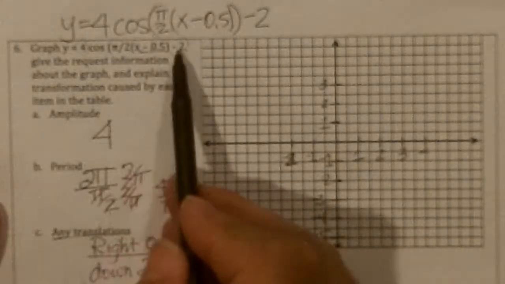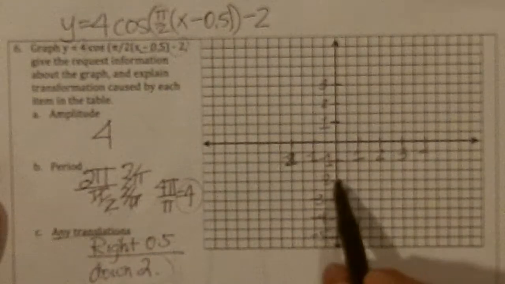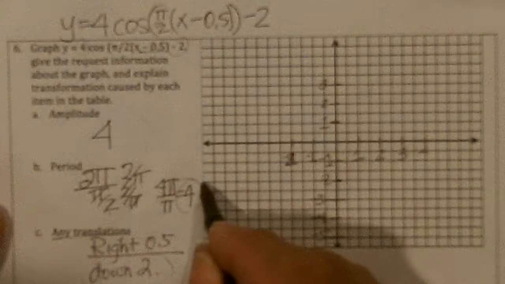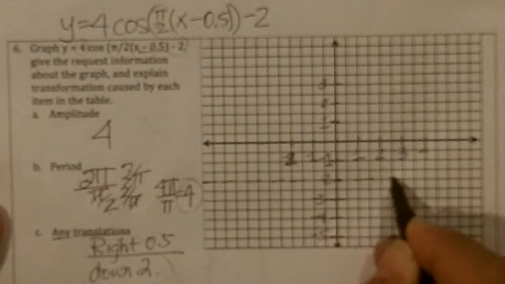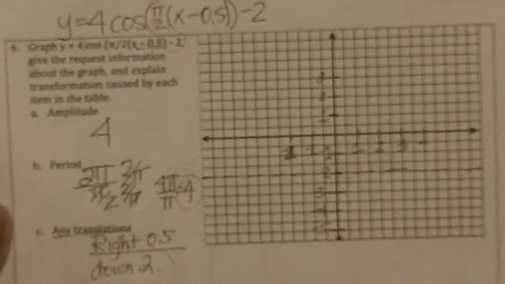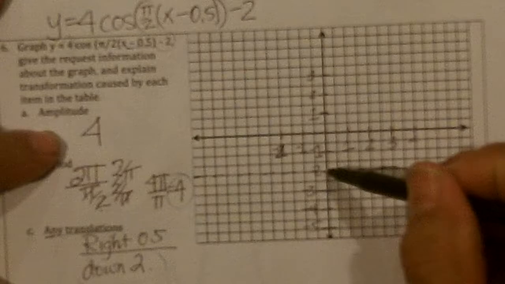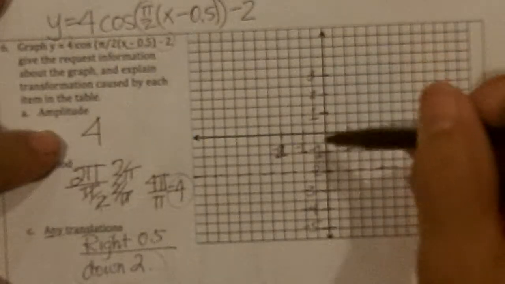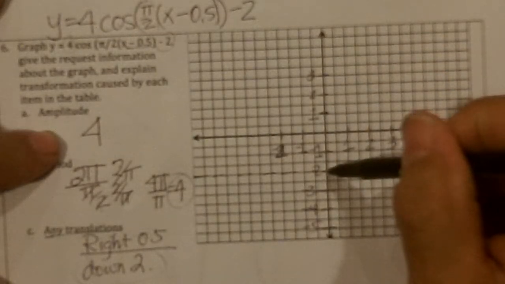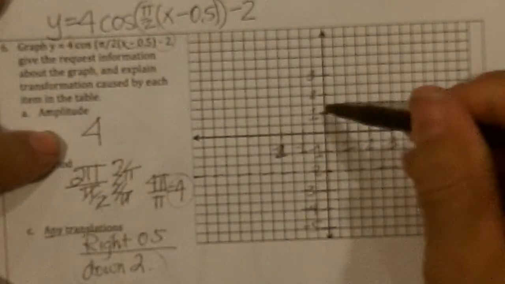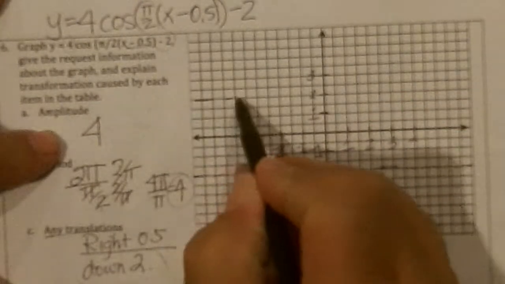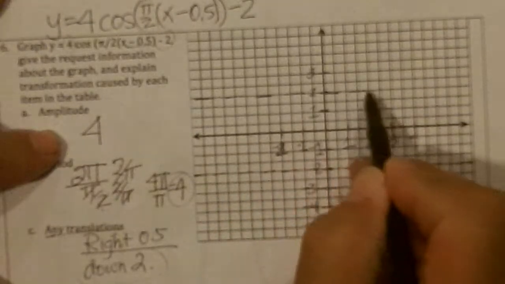Now, it's moved down 2, so our center line is -2. Many of you drew the center line. I think that's great. And many of you said the amplitude's 4, so I'm going to go 4 above. Not 2, 4 units above. So from -2, if you go up 4, that'd be -1, 0, 1, 2, and that will be the top of the curve.